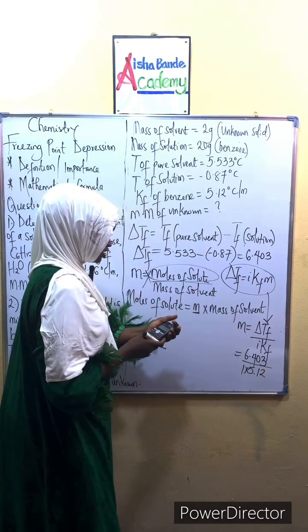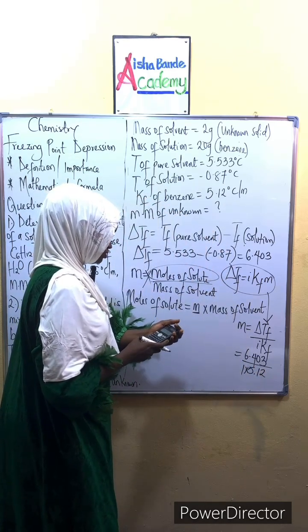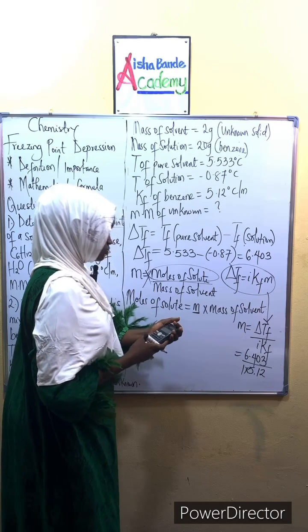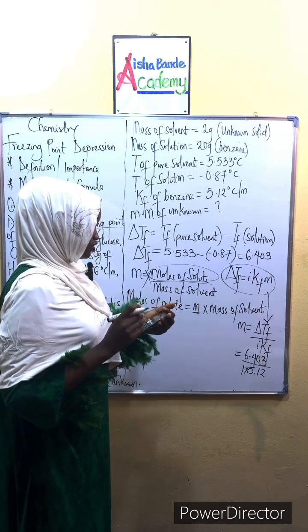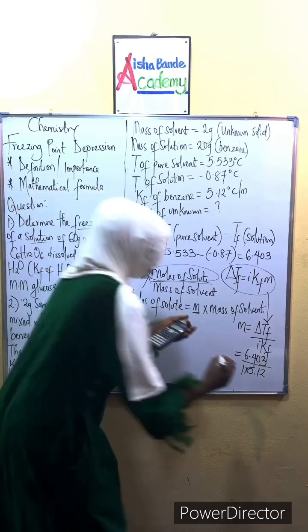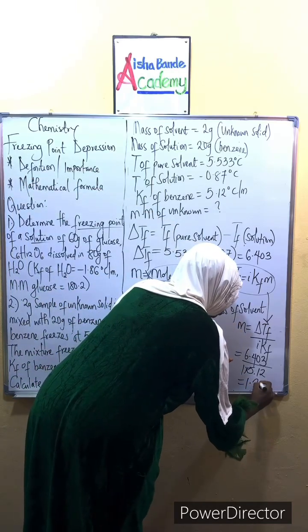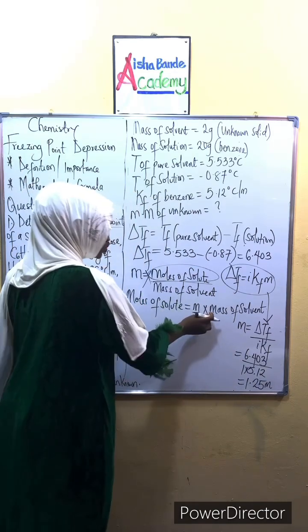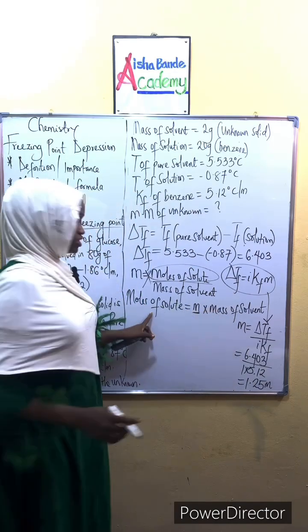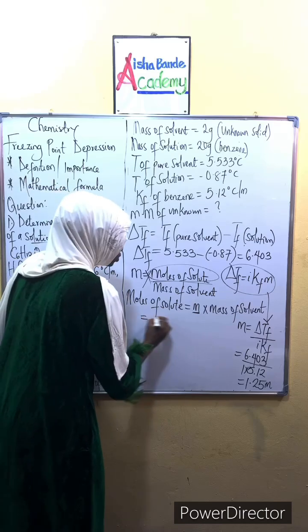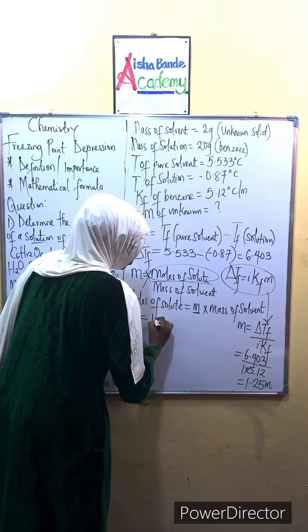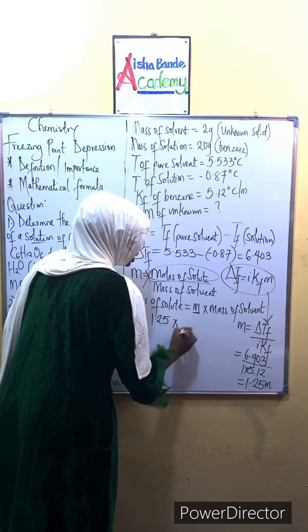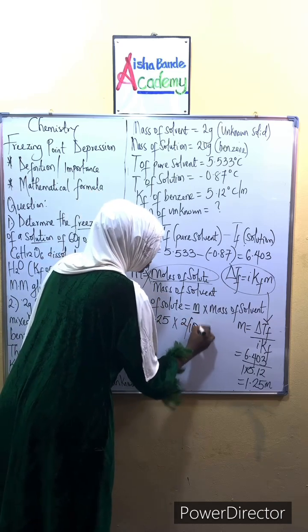Now let's use our calculator to simplify this. 6.403 divided by 5.12 gives us a value equal to 1.25 moles. So now we've gotten our molality. Now we can substitute into this expression to get our moles of solute. This is equal to the molality, which is 1.25, times 2 divided by 1000.